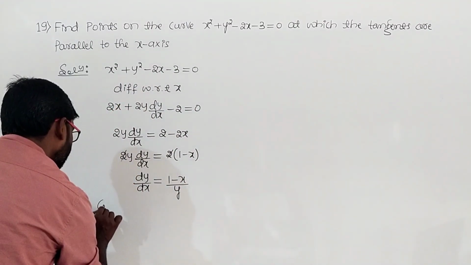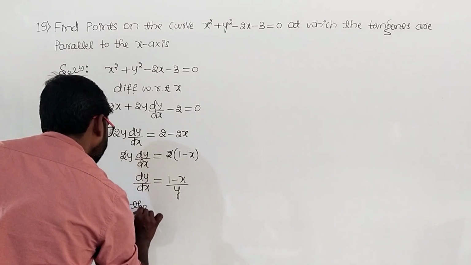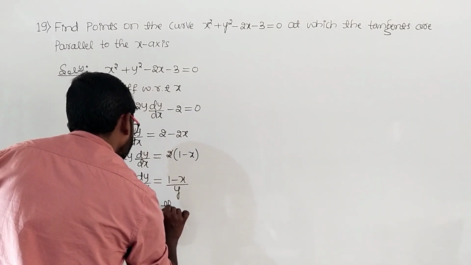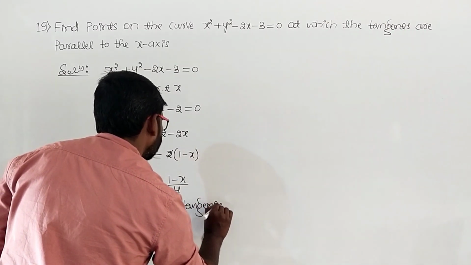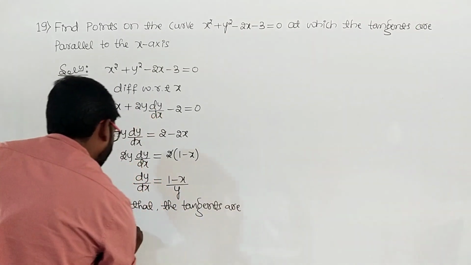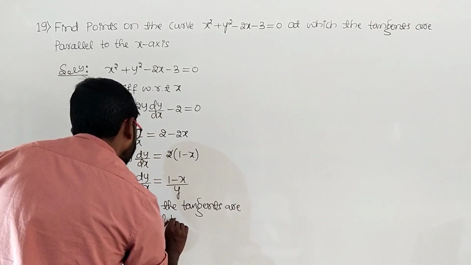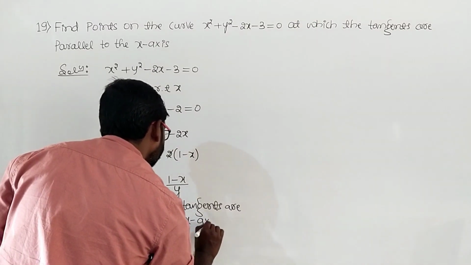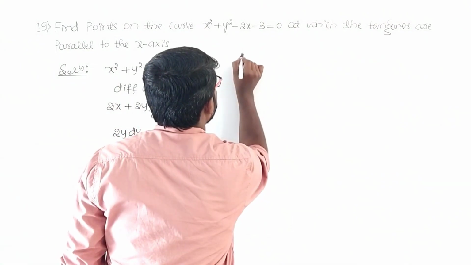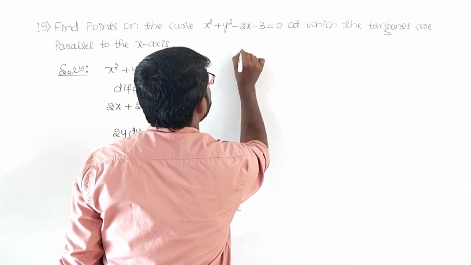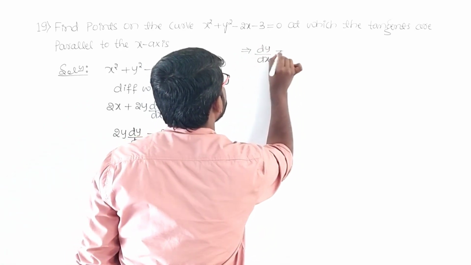So he has given that the tangents are parallel to the x-axis. That is dy by dx, this implies dy by dx is equal to 0.